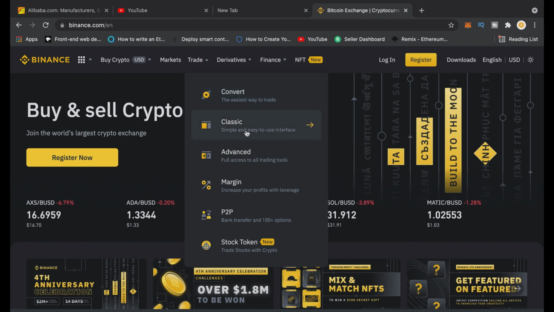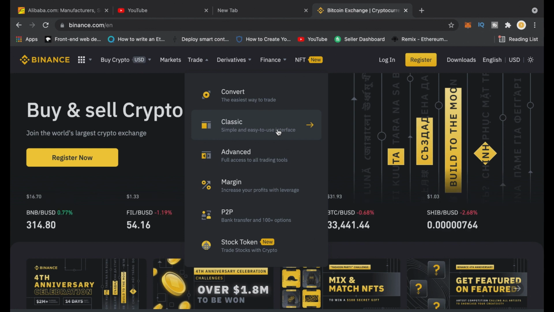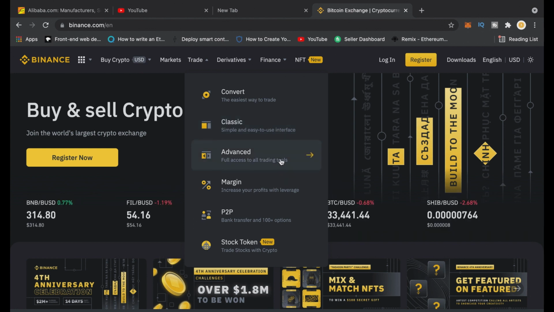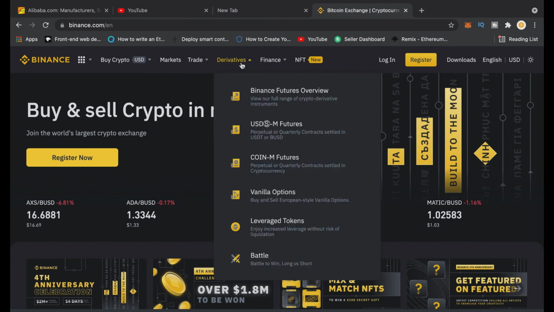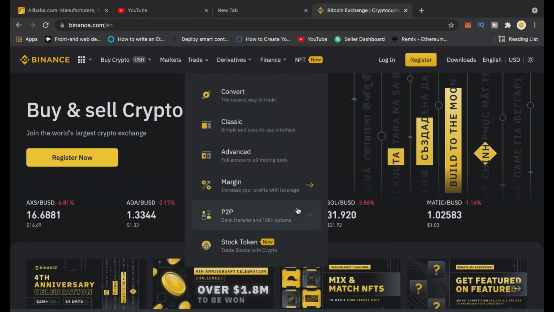And here you can say classic. You can just click here, and it's very straightforward. You can just go straight up, maybe convert one or two crypto. And then here is the advanced form of this classic. You understand? It has full trading tools. You can do your analysis and stuff like that. Then talking about margin trading, P2P, stock tokens.